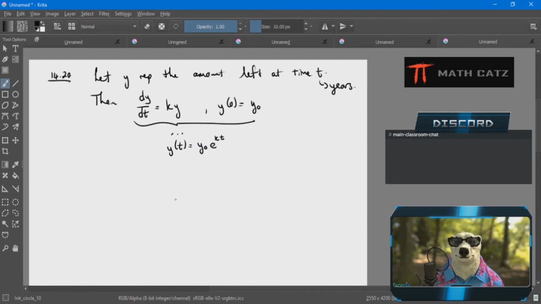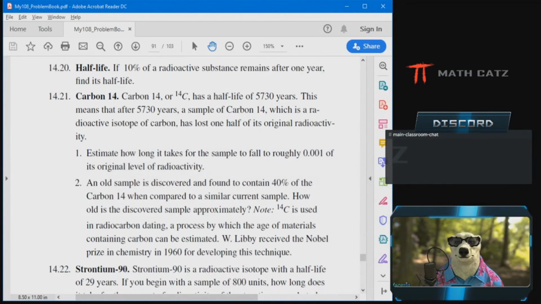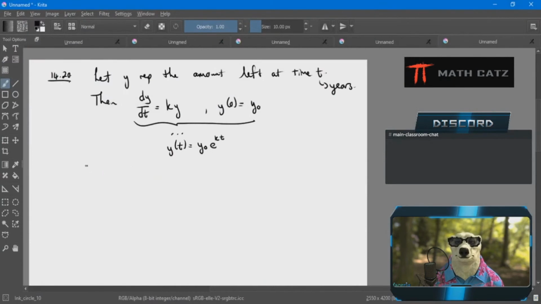So now they give me the information that 10% of the radioactive substance remains after 1 year. So extra information. After 1 year, we have 10% of the initial amount. So that then goes in here for 0.1 y0 equals y0 e to the kt.